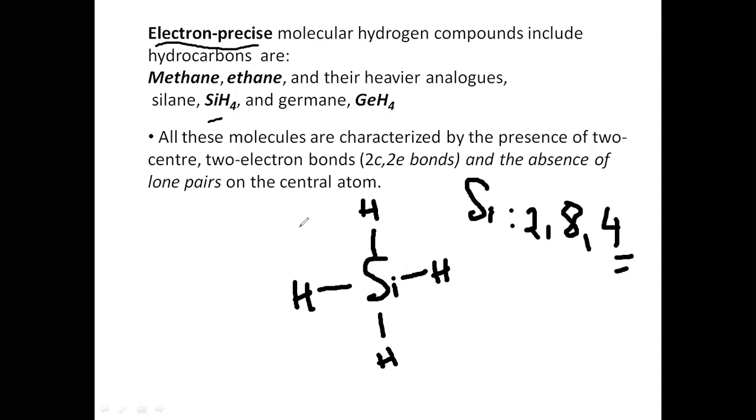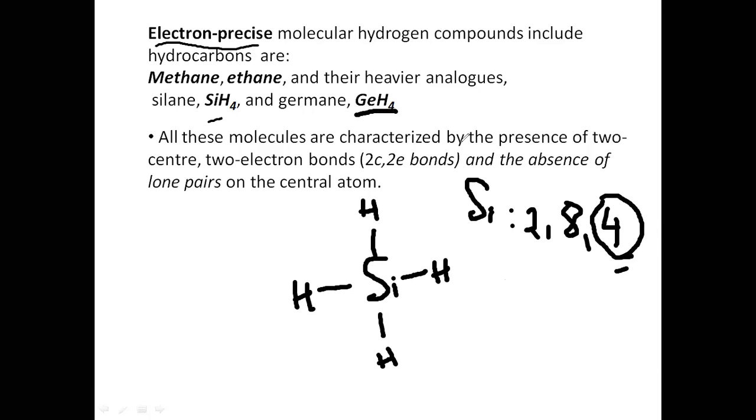So have a clear idea of the meaning of electron precise: all electrons of the valence shell must form bonds. That's all.